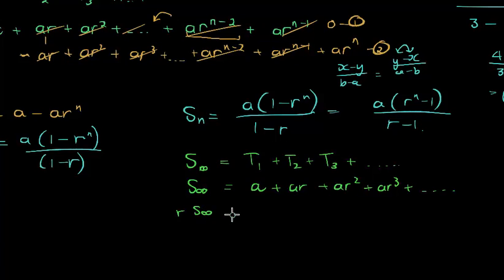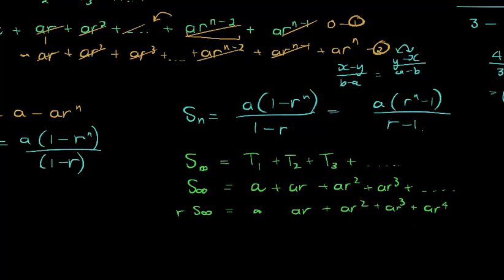I multiply everything with an r. The only difference is I don't ever stop. Okay, so the first term, I'm going to just move it up so that they fall. So I'm multiplying that one with an r, that one with an r, this one with an r.